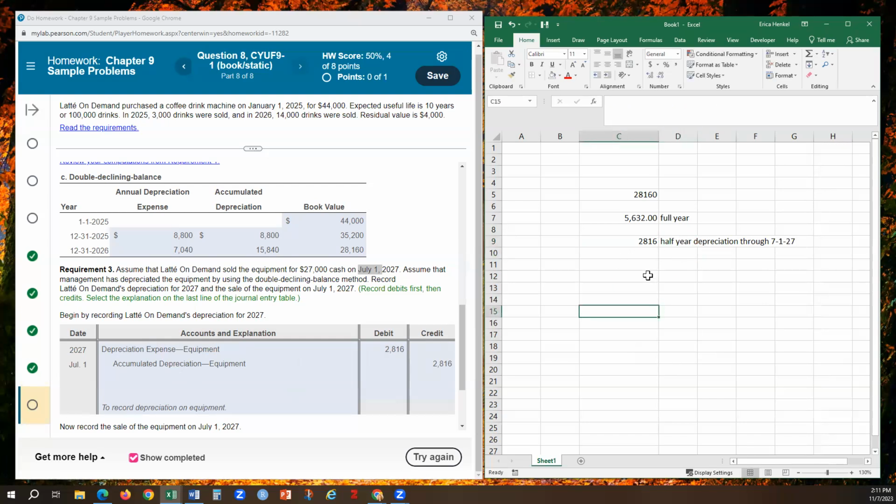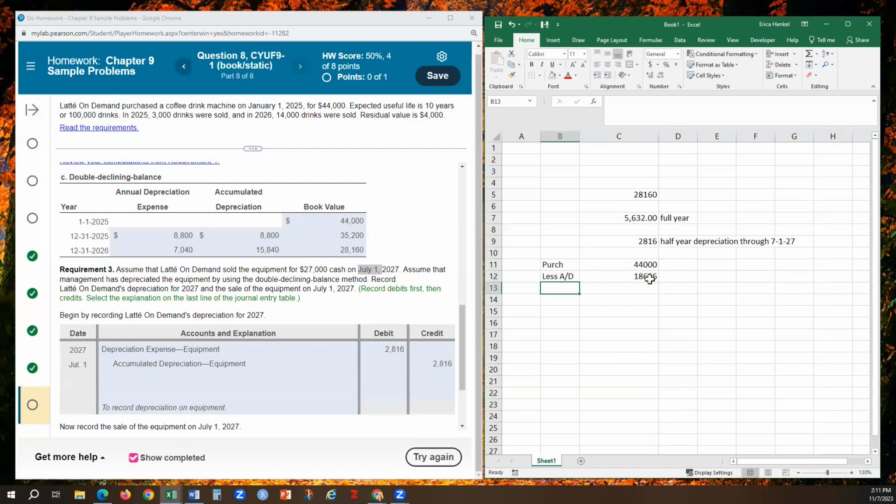Now, once we have done that, with our new accumulated depreciation, we need to calculate the net book value of this asset. So purchase price of the asset was $44,000, less the accumulated depreciation, which is going to be the $15,840 that we already had, plus the $2,816 that we're taking for the half year.